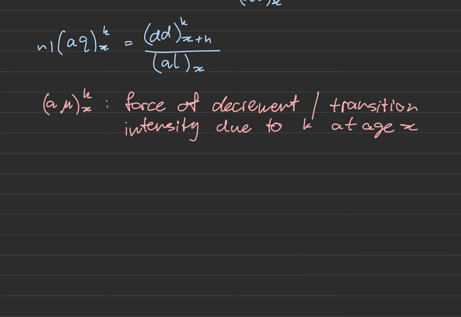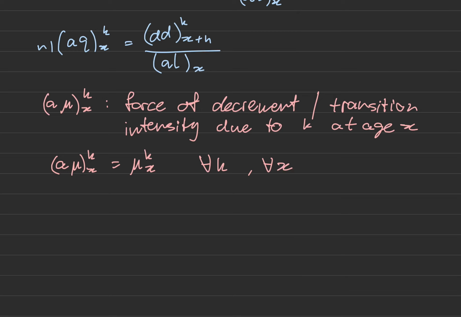And now you might say to me, but previously you haven't been writing it like this, you've been writing mu x k. Well the reason why is because this actually equals that there for all decrements k and for all ages of x.